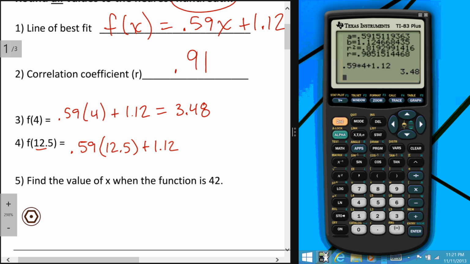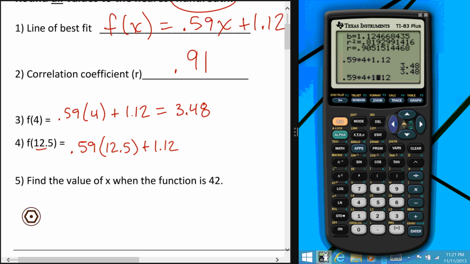I can hit second entry to pull the last line up, and then I'm going to use the insert function so I can type 12.5. So I've got 0.59 times 12.5 plus 1.12, press enter. And rounding that to the nearest hundredth would be 8.50.